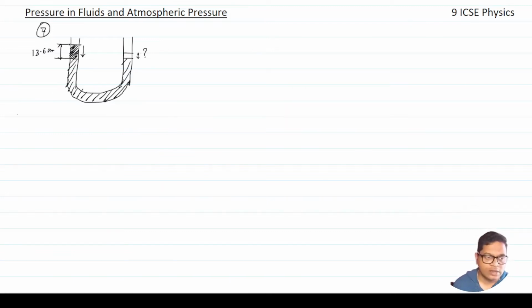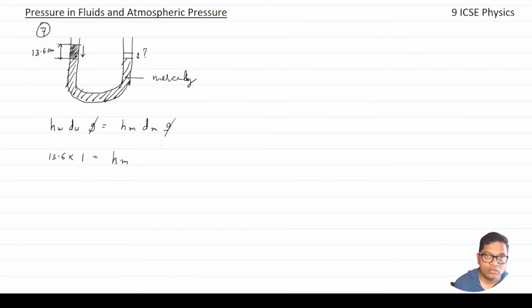As we have done earlier, the pressure exerted by the water column will be equal to the pressure of the rise in the mercury column, because this is mercury and this is water which is exerting pressure. So g will get cancelled. The height of the water column is 13.6, the density of water is 1.